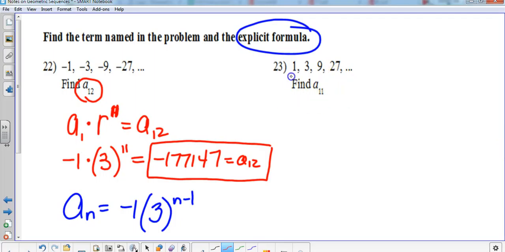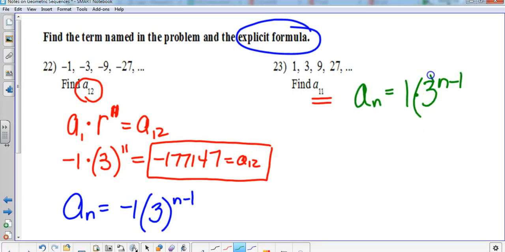Hint, same problem, but this time the first term is positive, right? And we only need the 11th term. Can we write the explicit one first this time? So we'd say the first term times what? To the n minus 1. Do we need that one on the outside?